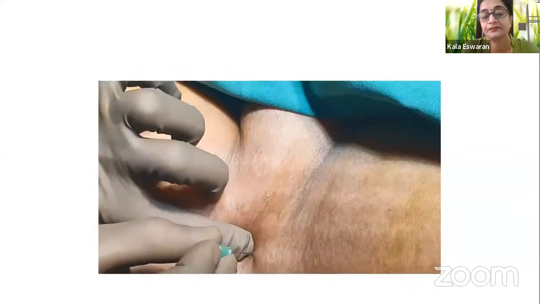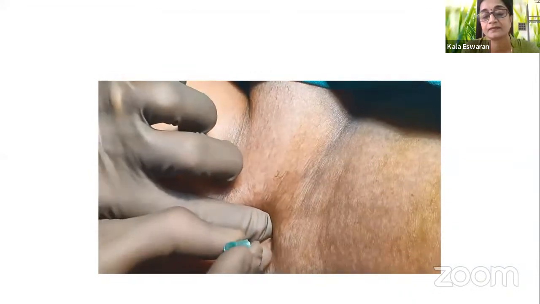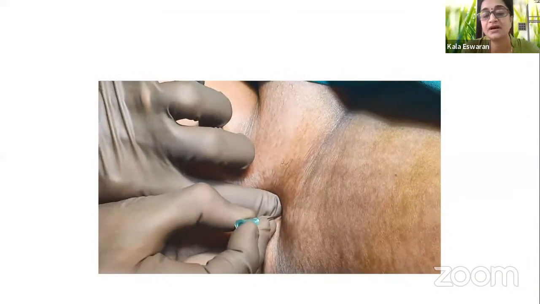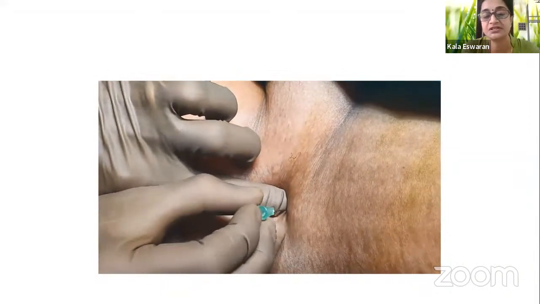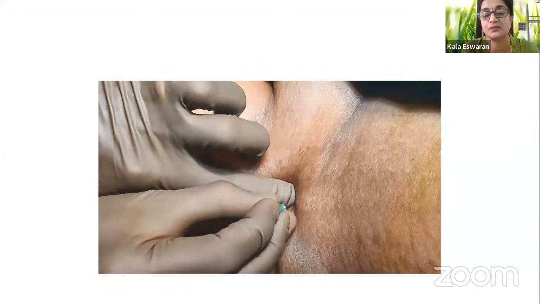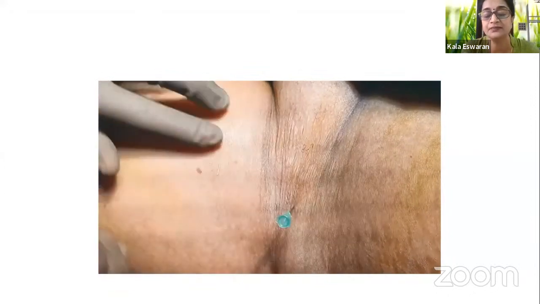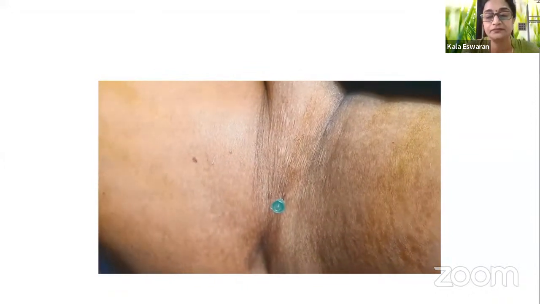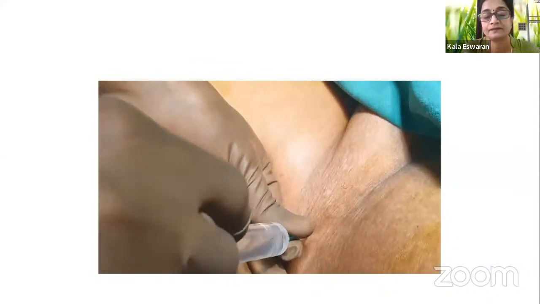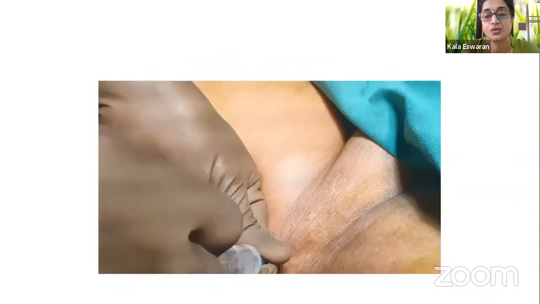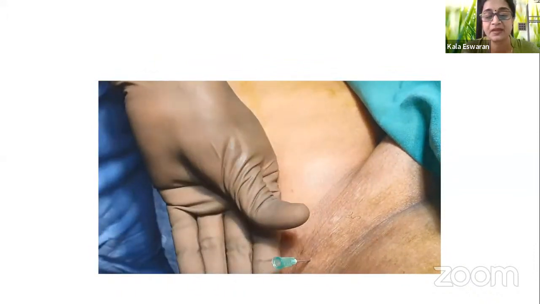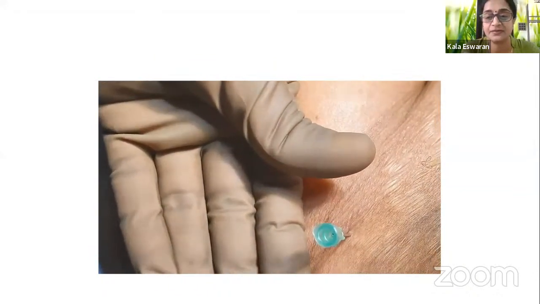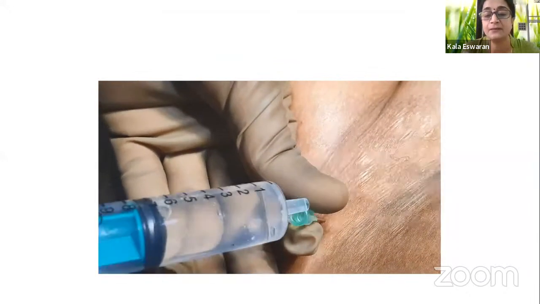Okay. See, that is the bounce and pop of the fascia lata. This is the second bounce and pop of the fascia iliaca. You have to hold the needle steady. And once I injected 5 ml, I'm looking for the backflow.